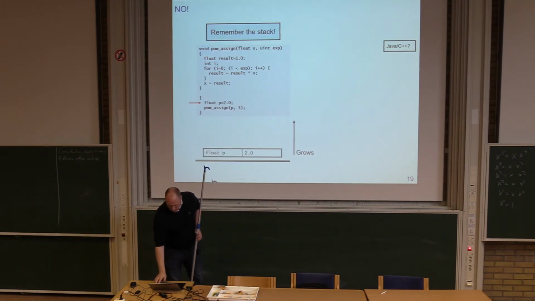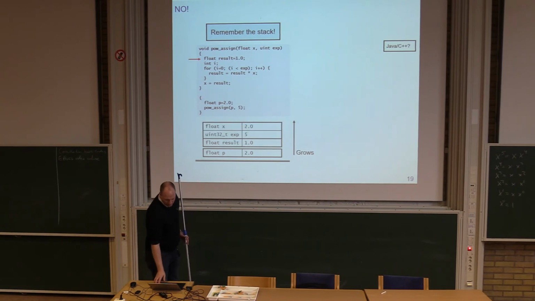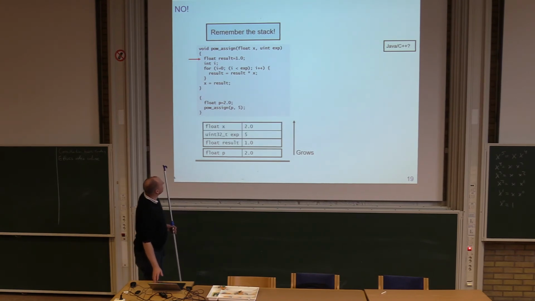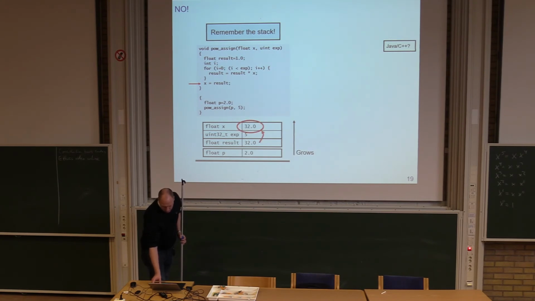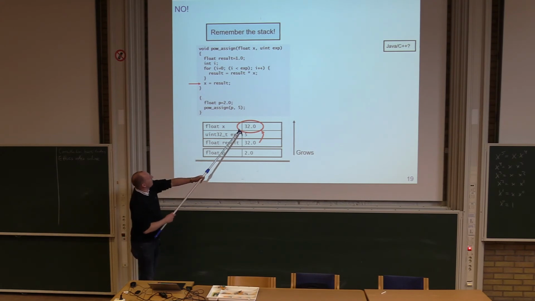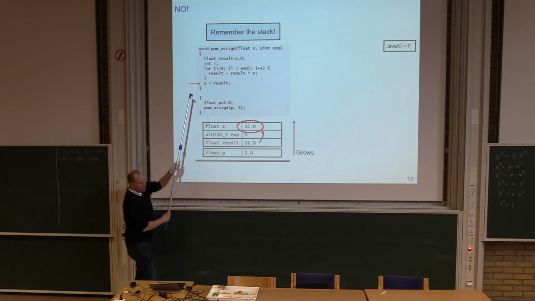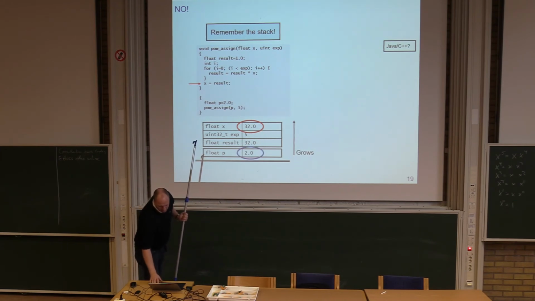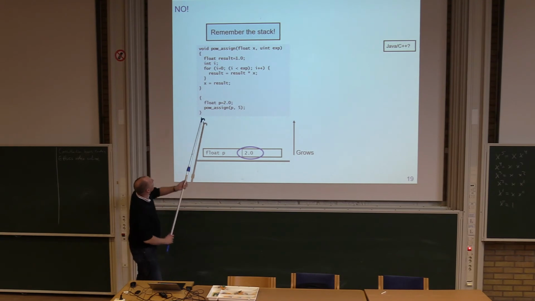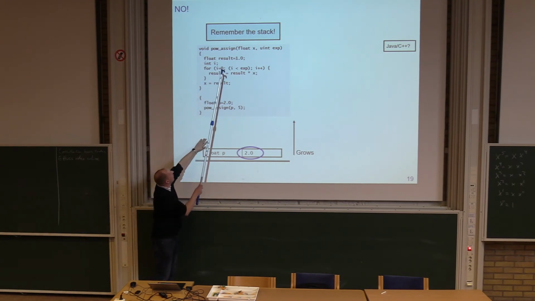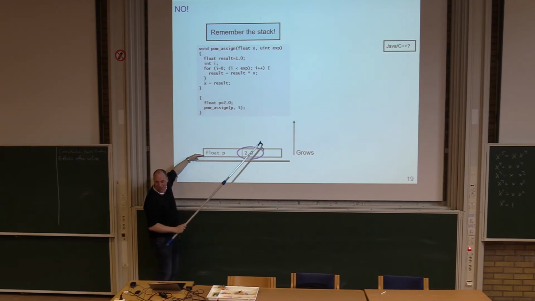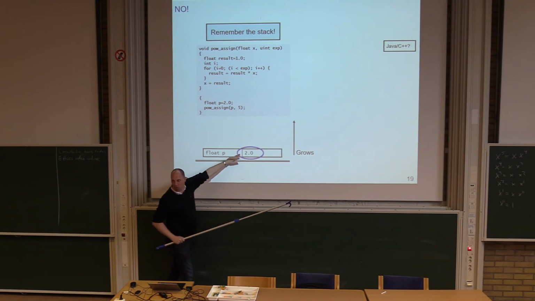So let's look at what happens on the stack here. x will then have the value 32 when we return, but when we return from this function, these variables that were put on the top of the stack will be removed, so they will no longer be changed. So p will be as it was before, 2.